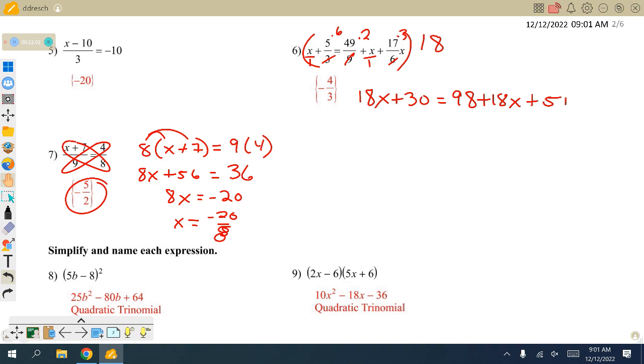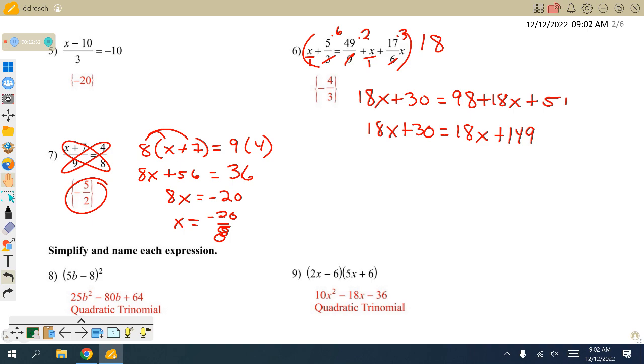All of a sudden, you're down to question 1. It's a pretty simple linear equation. I say simple at this time of the game where you're at. I would not say that's simple back in, say, 6th and 7th grade, but now it is. Okay, we got some like terms to bring together. Over there on the right-hand side, 98 and 51 combine to give me what? 149, I think.